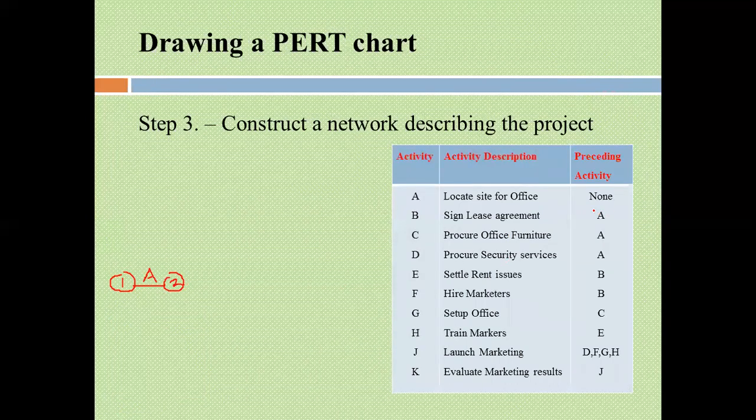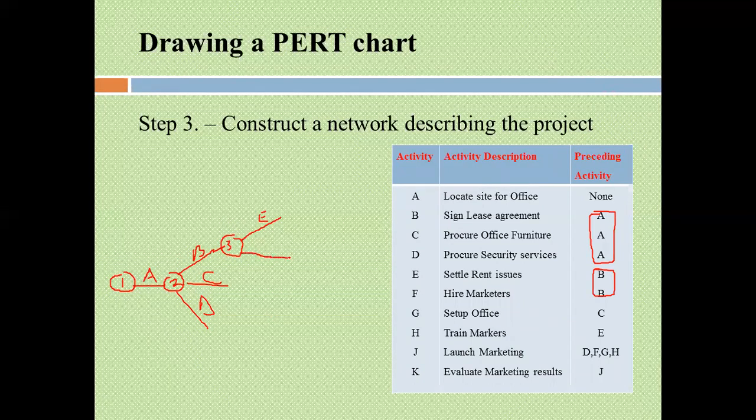Now, after A, there are 3 activities: activity B, activity C, and activity D. When you look at B, there are 2 activities that come after B. So where B ends, you give it number 3, and then you begin the activity E there, and you begin the activity H there.